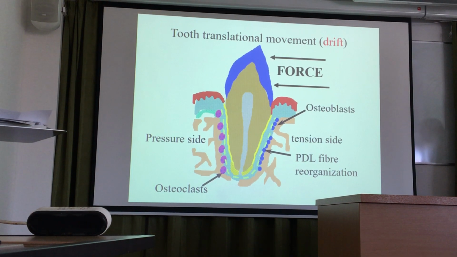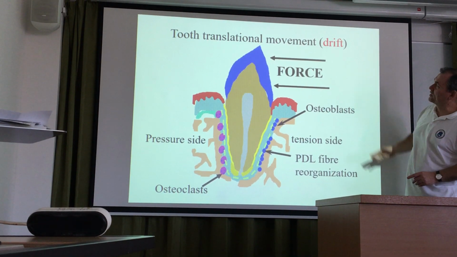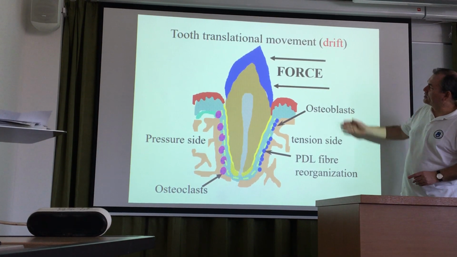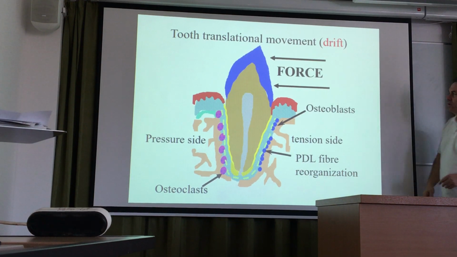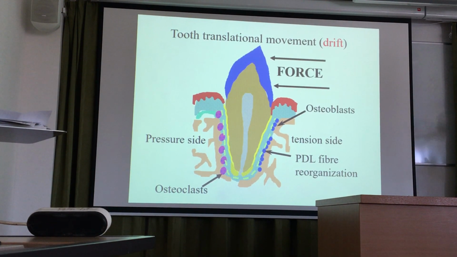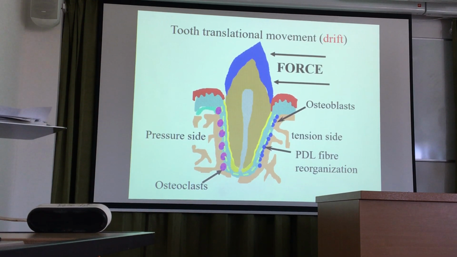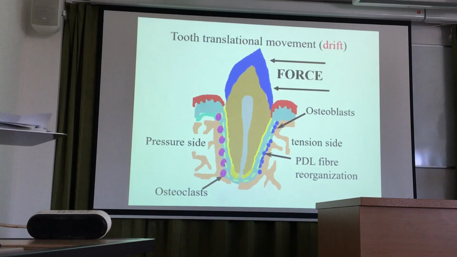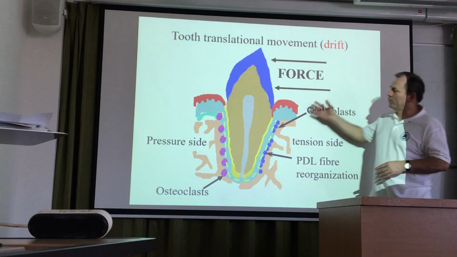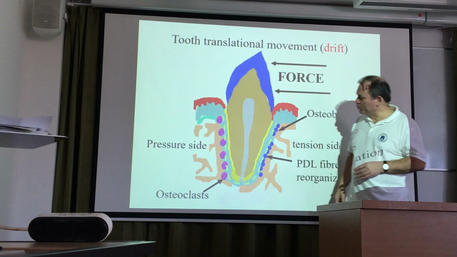And you can see here the basis of tooth translation. This is the force application. The force is applied, as I mentioned, on a relatively large surface of the crown, with lasers, for example, and you can initiate bodily movement.